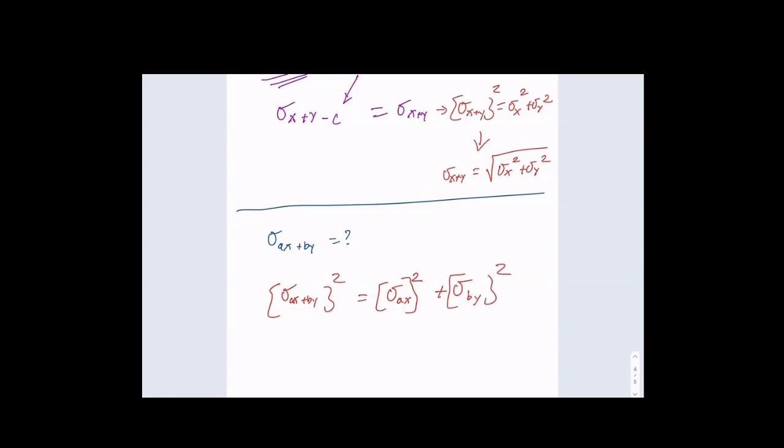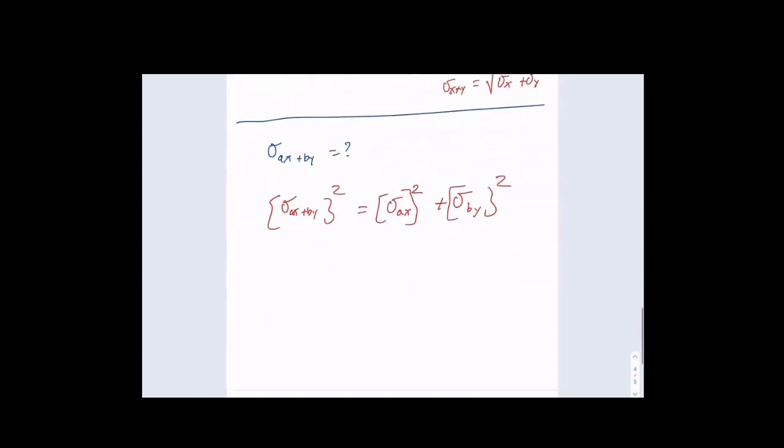So this idea of squaring it, Pythagorean, in every problem in your homework, you want to square it. Therefore, the standard deviation of AX is A times the standard deviation of X, squared, plus the standard deviation of BY, which is B times the standard deviation of Y, squared.